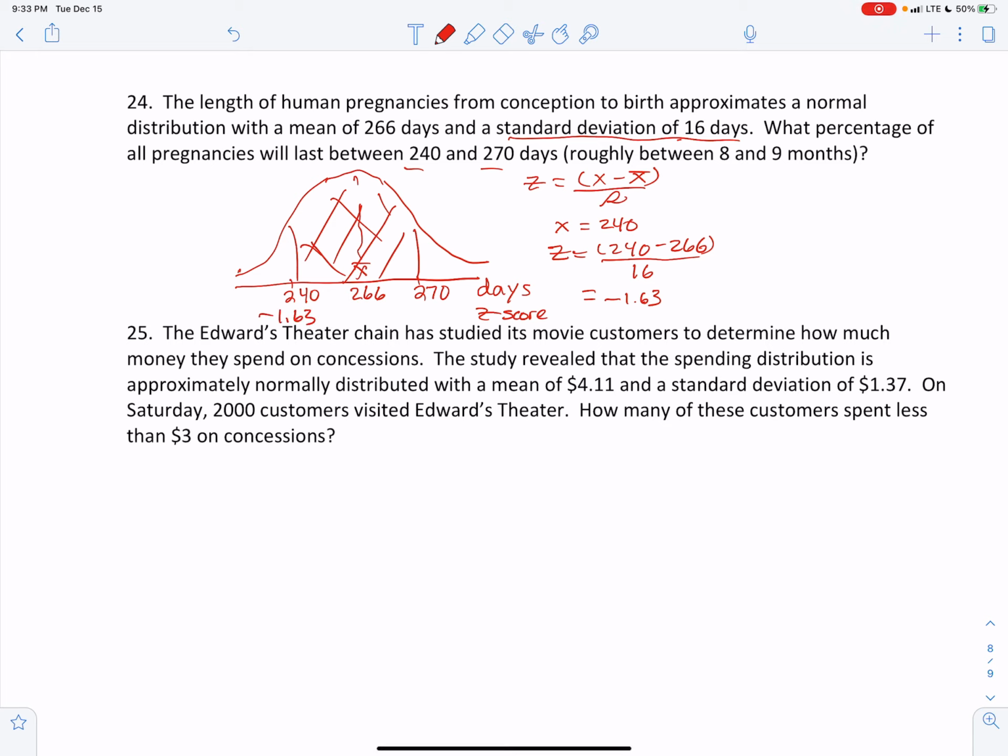I know the mean has a z-score of 0, so now I'll find the z-score for the value of 270. So using the formula, the value always comes first, minus the mean, over a standard deviation of 16. So I have 0.25.